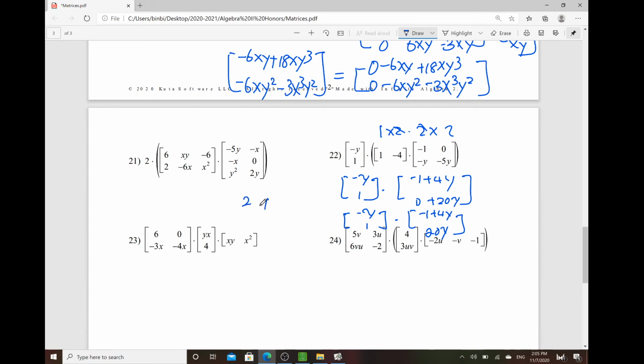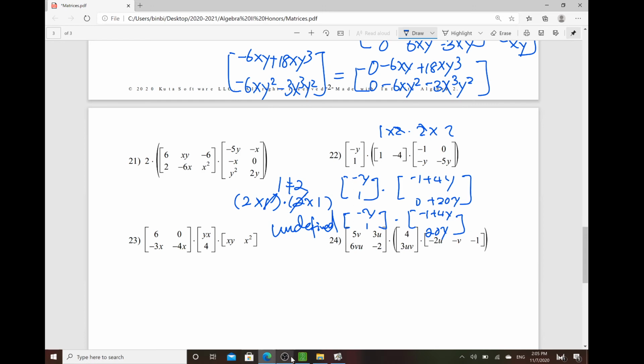The first one is 2 by 1, and the second matrix here, the one that we found, is considered 2 by 1. Wait a minute. It looks like this one is not multiplicable. It's the same size of matrix for both of them. So the number in the middle, they don't match. So this one here is undefined.